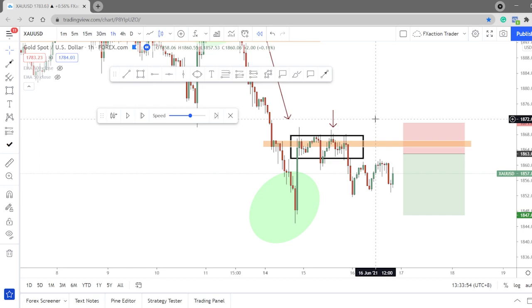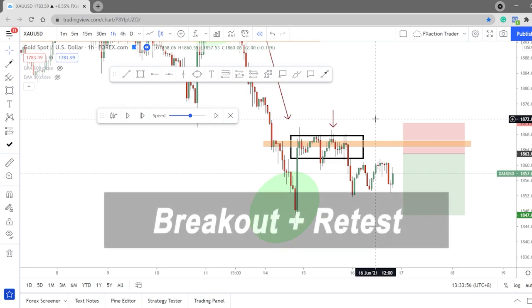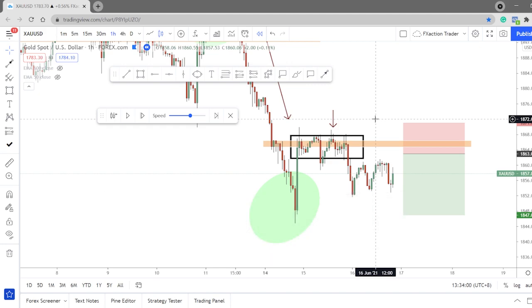On this trade, I have used a very typical breakout and retest entry method. For this trade, I was using a pending sell limit to ensure that my order is triggered with a very nice risk and reward ratio.